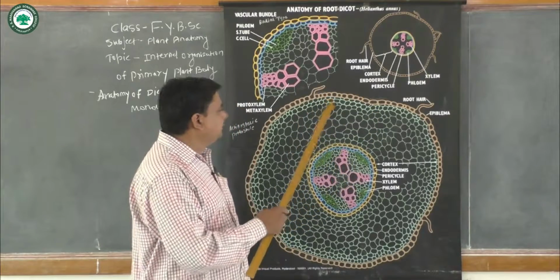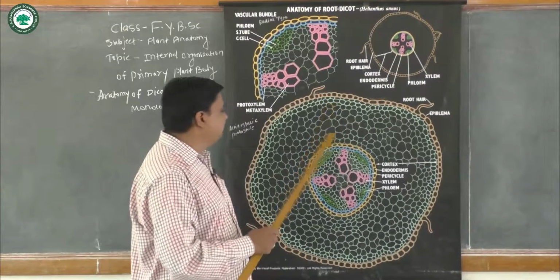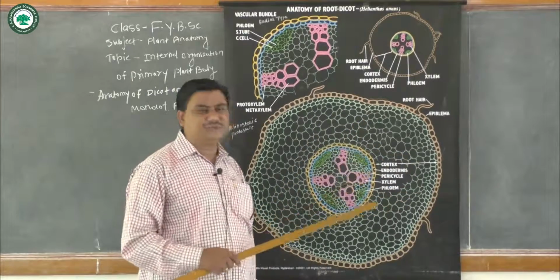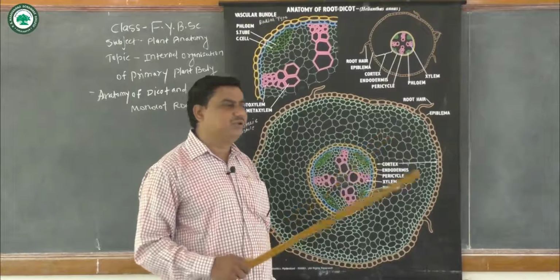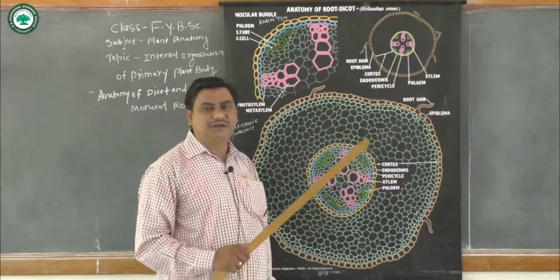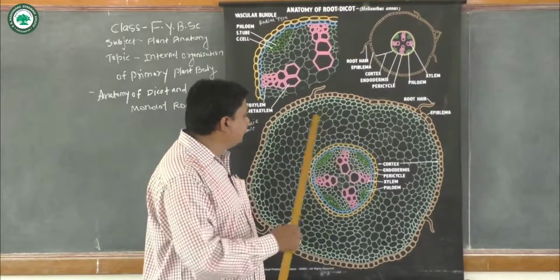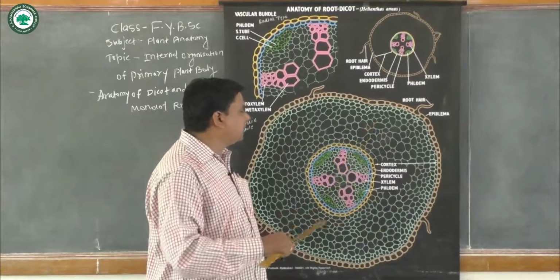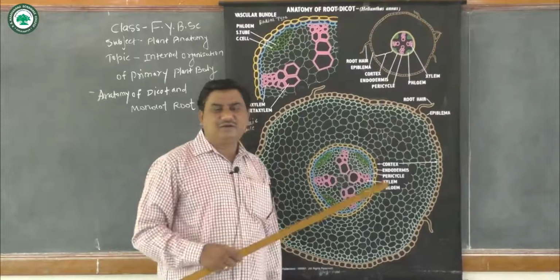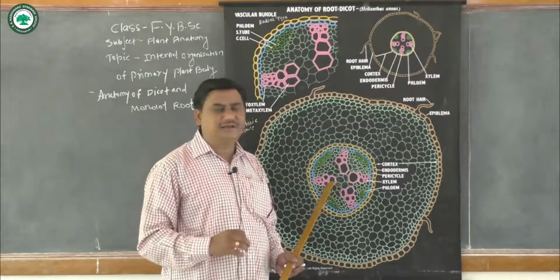Just below the epidermis, in the stem there is generally a hypodermis, but in the root the hypodermis is altogether absent. Next there is the cortical region, or the cortex. The cortical region is made up of parenchymatous cells.